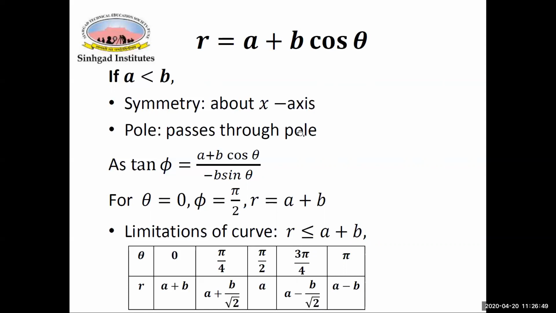So it becomes 0 somewhere between 0 to pi, and hence the curve passes through pole because of the case that a is less than b.